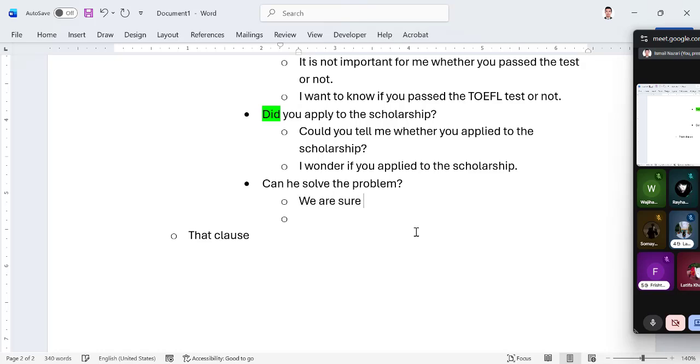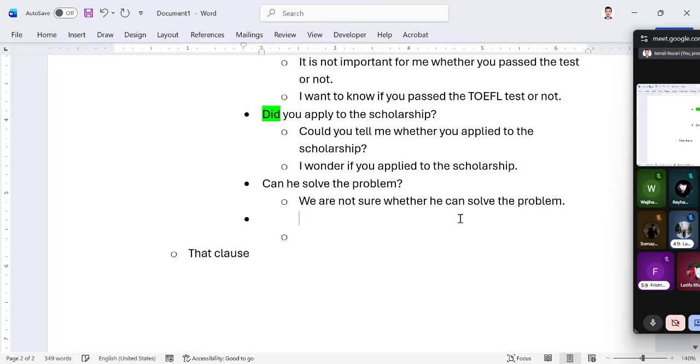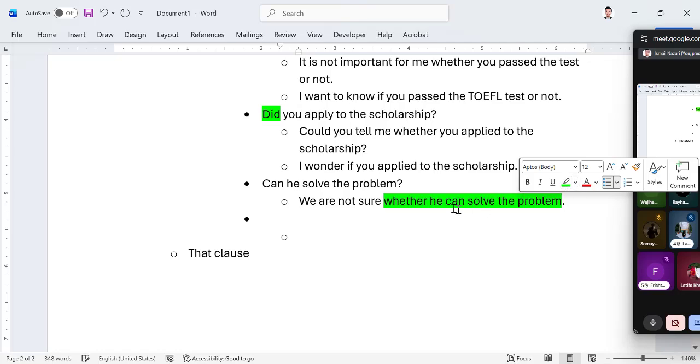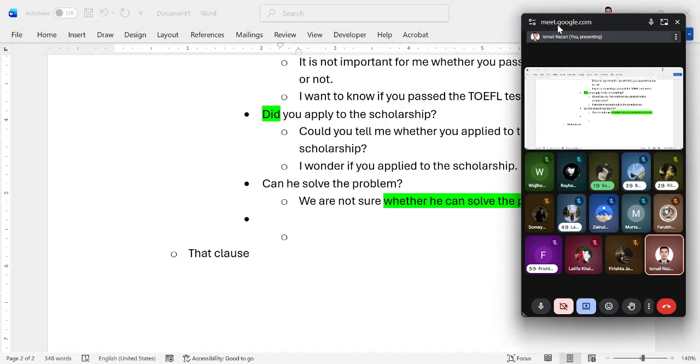Excellent. Yes. That's right. Here, the noun clause is whether he can solve the problem. And if you want to add or not at the end, that's also possible. That's optional. Thank you.